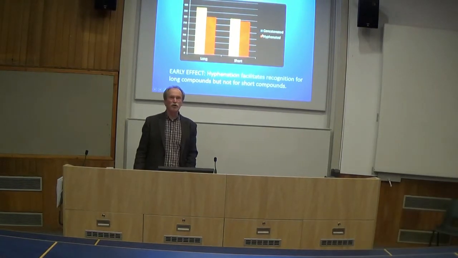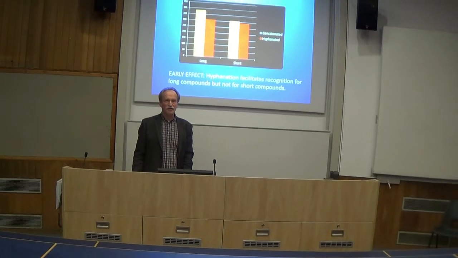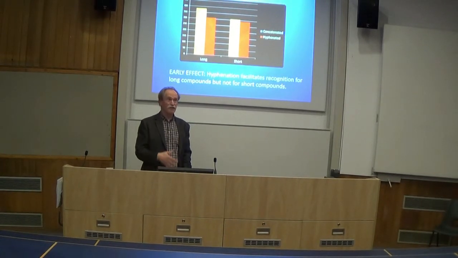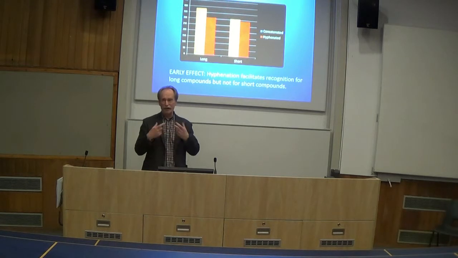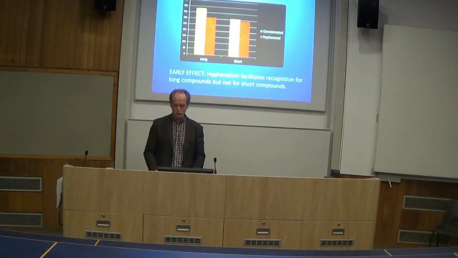So you do get an early effect for hyphenation, a facilitative effect for long ones, nothing for the short ones at this point. It seems that once the default for long ones is the segmentation, the decomposition route, by signaling the boundary you get a benefit very early on, okay?